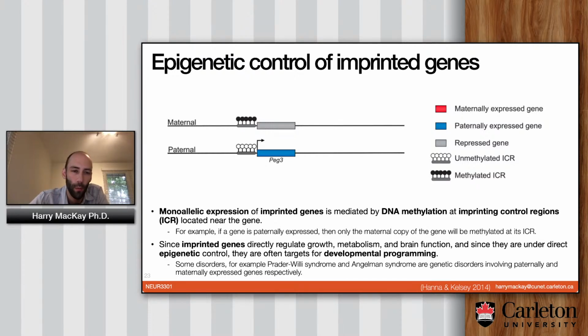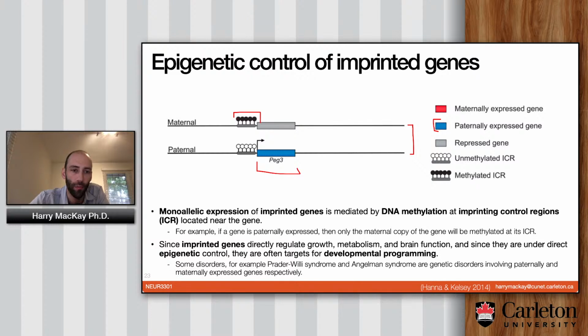So the way this works, and here's another gene diagram. So let's take PEG3. This is a gene that in mice is paternally expressed, meaning it's maternally imprinted. What you will see is that on the chromosome, near the allele that you got from your mom, on the piece of the chromosome that you got from your mom, the transcription start site and promoter region of this gene will have a lot of DNA methylation.